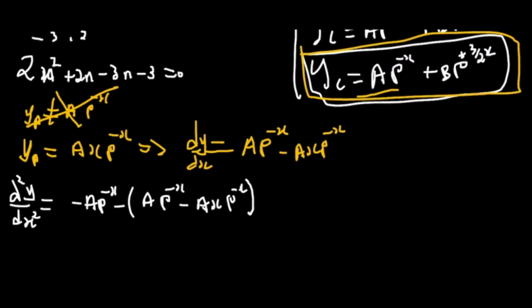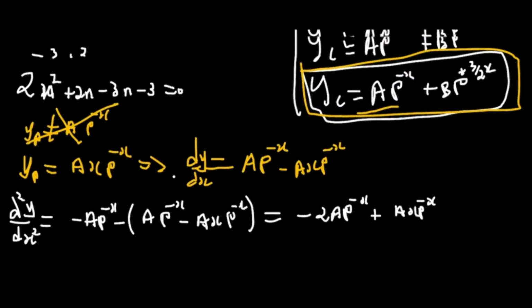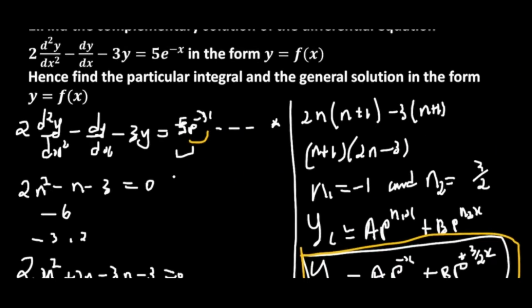If you are confused or lost at this level, just do the normal derivative and we are going to arrive at the same answer. So looking at this, we're going to have negative 2a e to the minus x plus ax e to the minus x. We're going to combine all of this in our equation star.